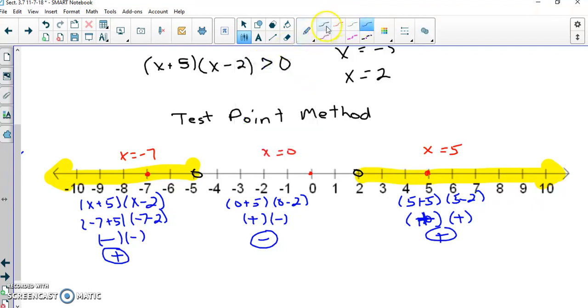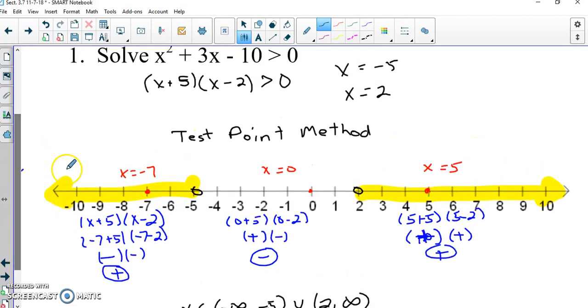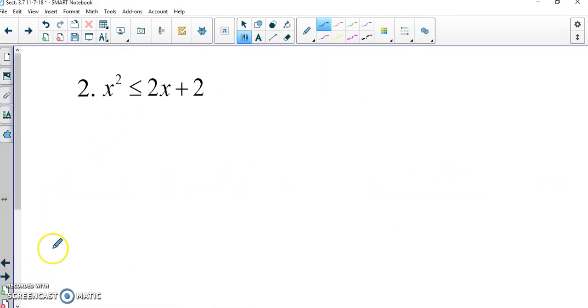So all the values that make it 0, so my answer will be x exists in the interval from negative infinity to negative 5, union 2 to infinity. So find out where it equals 0, and then test to the left and in the middle and to the right. Okay, so that's how we're going to start with the quadratics.